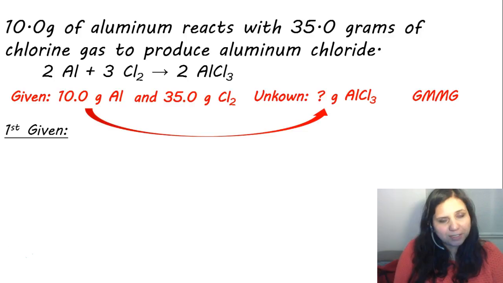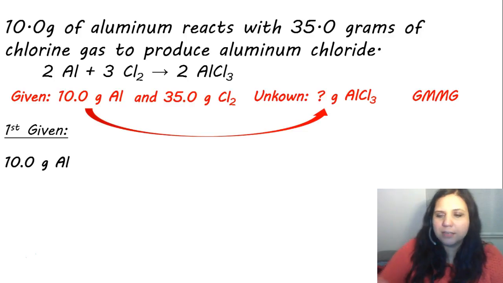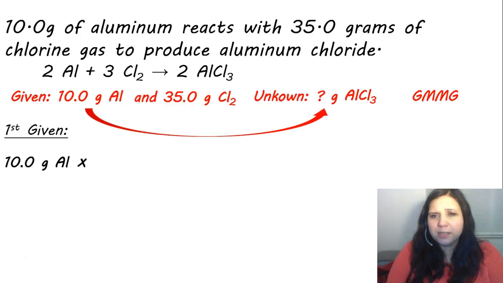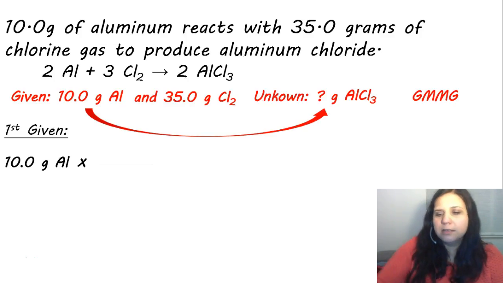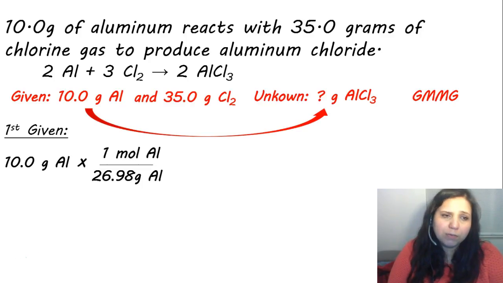We'll start with the first given, which is the 10 grams of aluminum, and we'll take that to grams of aluminum chloride. So 10 grams of aluminum. First step in a mass-to-mass problem is using the molar mass of the given. So I look at the aluminum, it's 26.98, and that's for every 1 mole of aluminum.